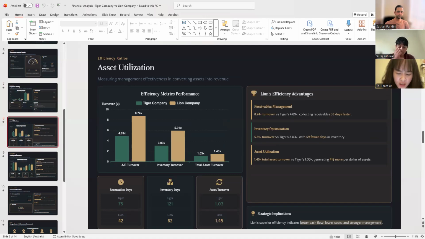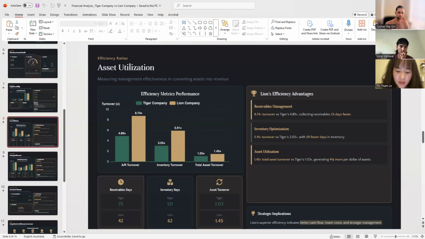Next slide. Solvency ratios assess long-term financial stability and risk exposure. Lion has a lower debt ratio of 0.41 compared to Tiger 0.48, indicating reduced reliance on debt financing. The debt to equity ratio further supports this, with Lion at 0.70 versus Tiger 0.92.